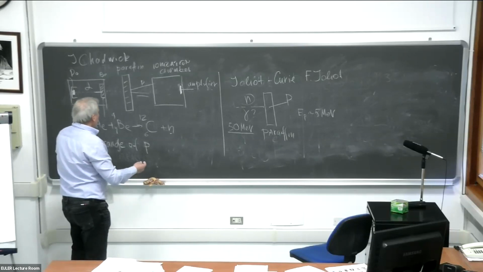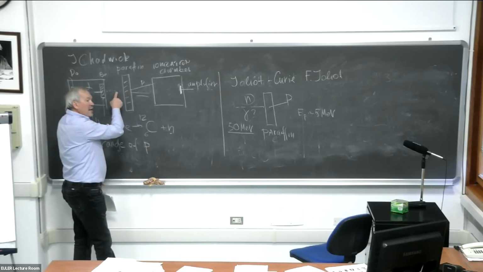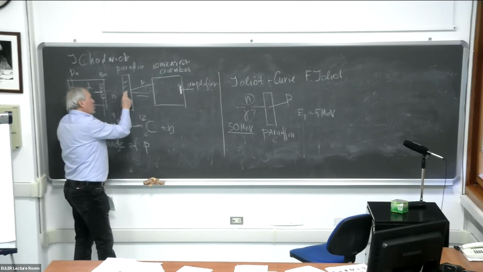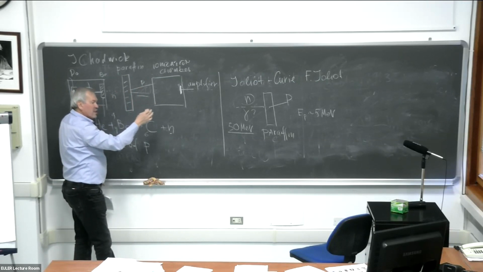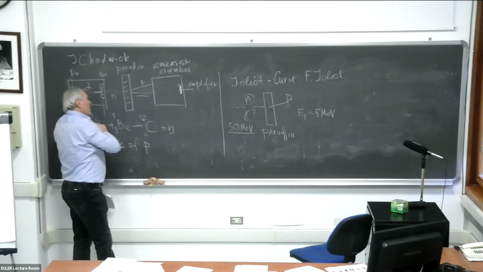Now simple kinematics can tell you what the mass of this particle, what we now call the neutron, should be to produce a given spectrum of protons in the final state. So it was on average 5 MeV, but it was a spectrum. And therefore he knew the momentum of this particle.